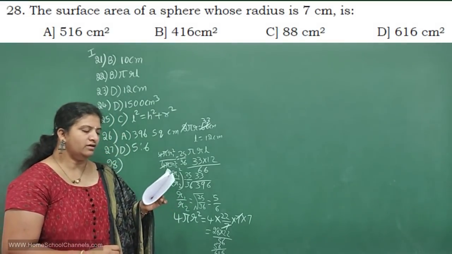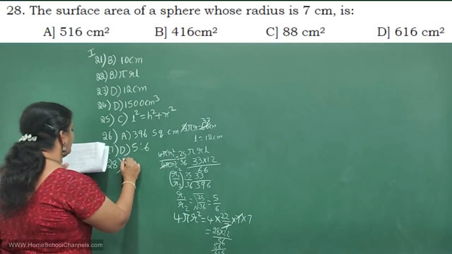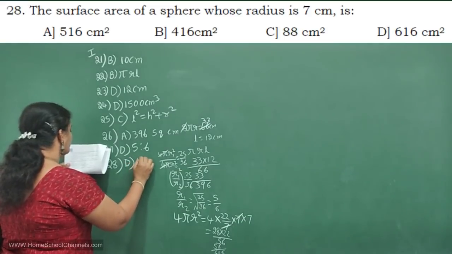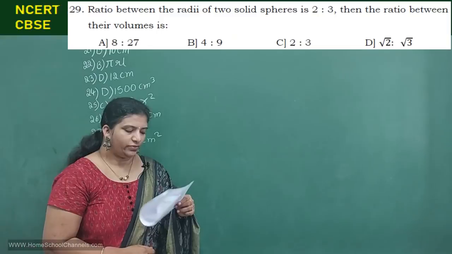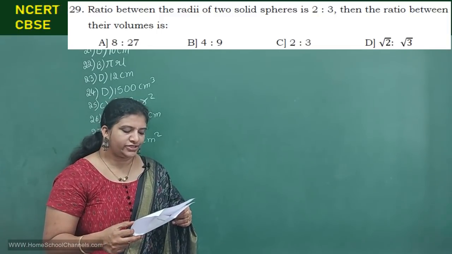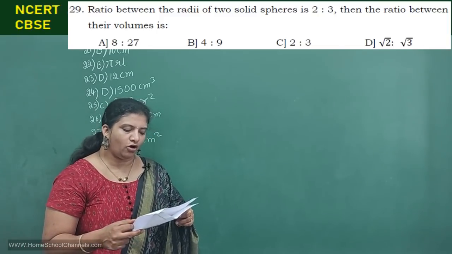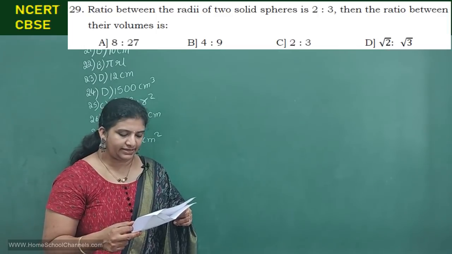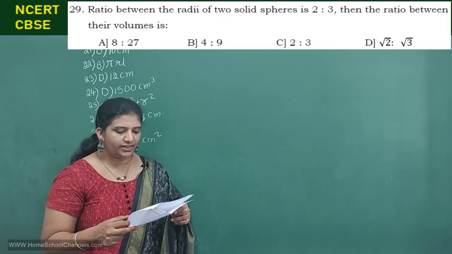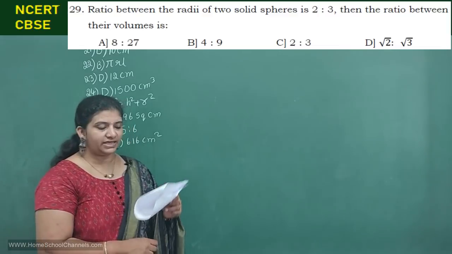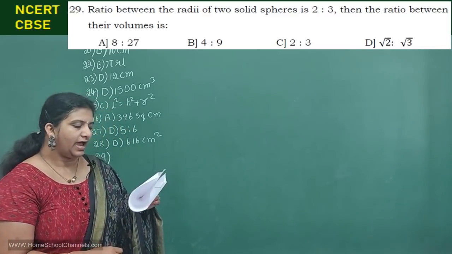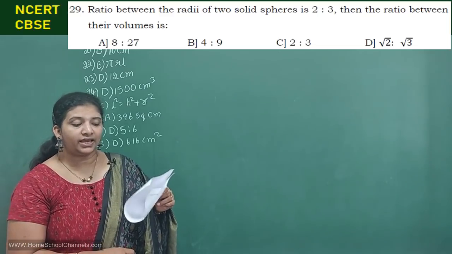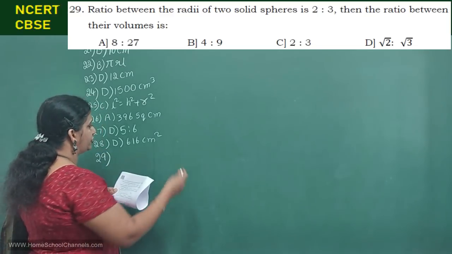Check the answer here. Option D, 616 centimeter square. 29th question. Ratio between the radii of two solid spheres is 2:3. Then the ratio between their volumes is, we are talking here about volume of a sphere, and they have given the radii of two solid spheres ratio.